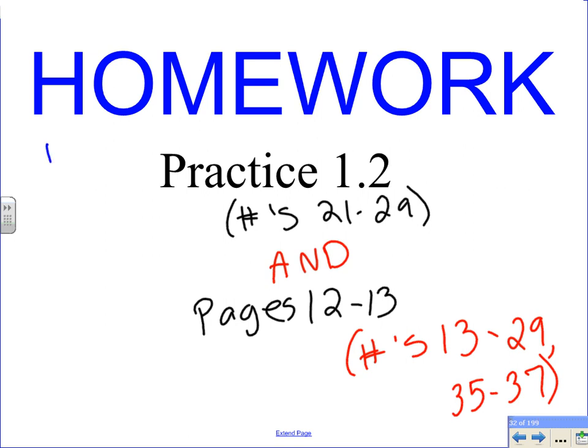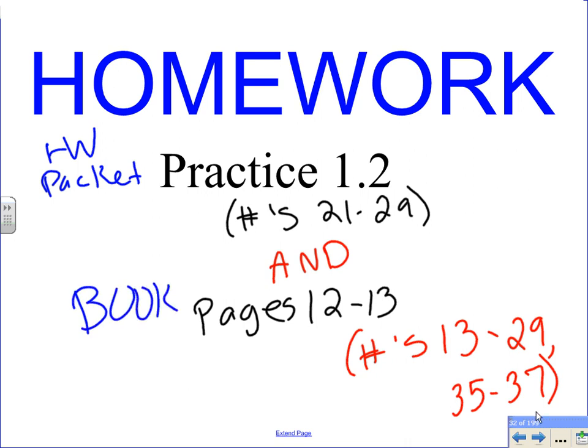So this one is homework packet. This one is book. So 13 through 29 in the book, and also 35 to 37. Some of these are word problems. They will make you think, okay? I will tell you that.